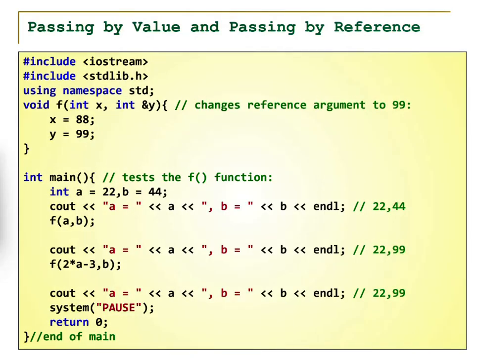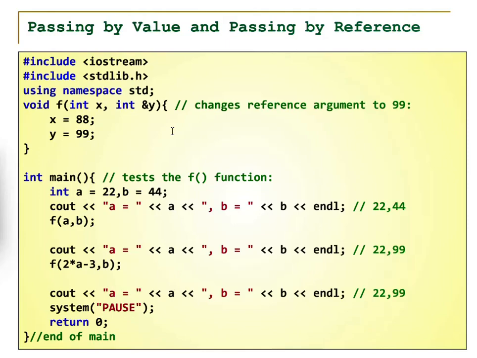Here you can see C++ code for passing by value and passing by reference. In this code, the int x is the pass by value that changes inside the function but does not affect the original variable, and this int &y is the pass by reference, and it changes inside the function and does affect the original variable.